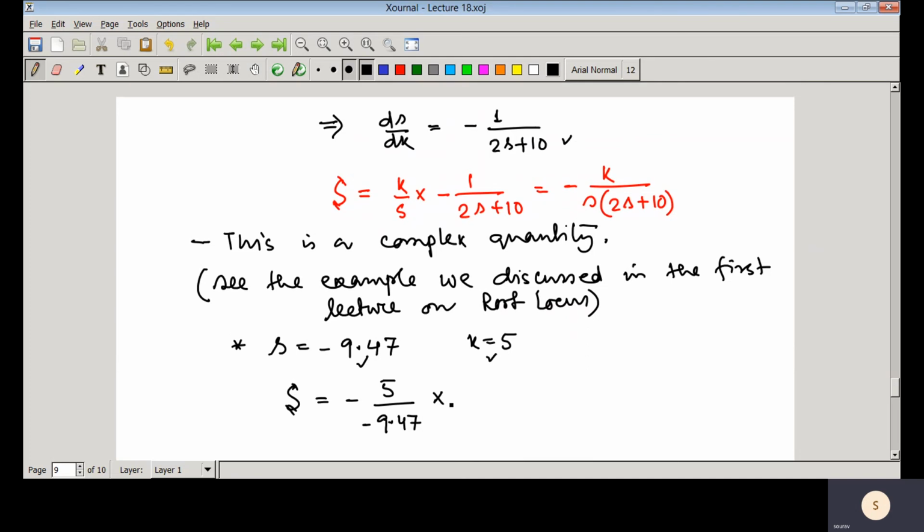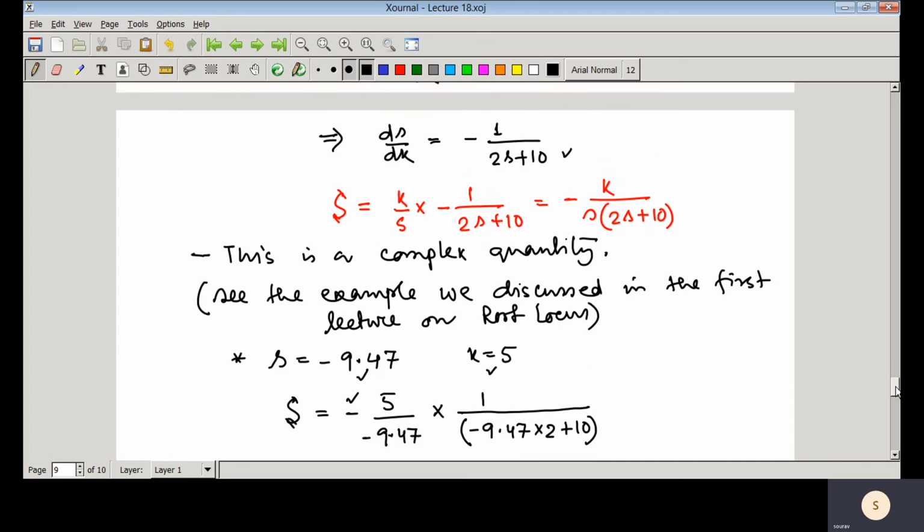So if you just replace it here, that is minus 1 by, that minus we have already taken, so that is 2S. Here the S is minus 9.47 into 2 plus 10.